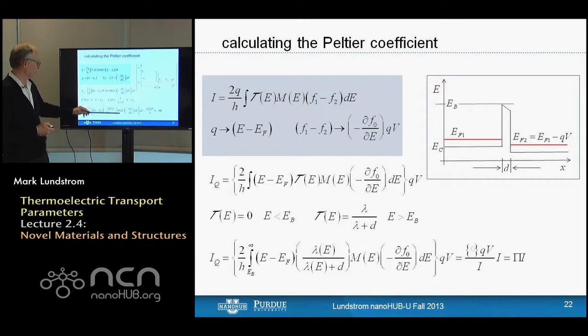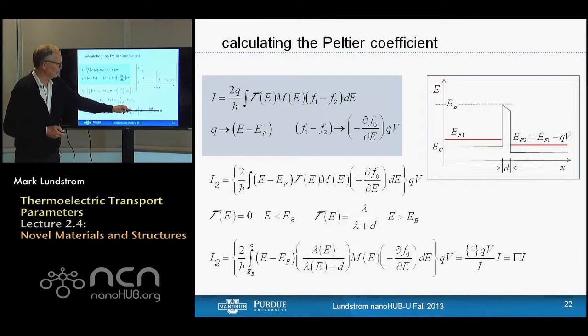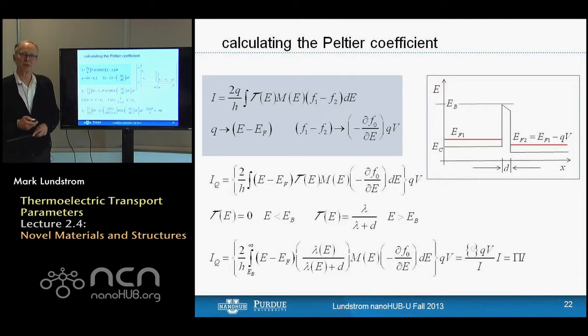So we put that expression in. We begin integrating from the top of the barrier and above, because that's the only place where we have any transmission. We'll get this complicated looking expression. Now, if I divide Q by V and multiply by the electrical current, then I can write this heat pump as some set of complicated looking constants times the electrical current. Those constants look like a Peltier coefficient.